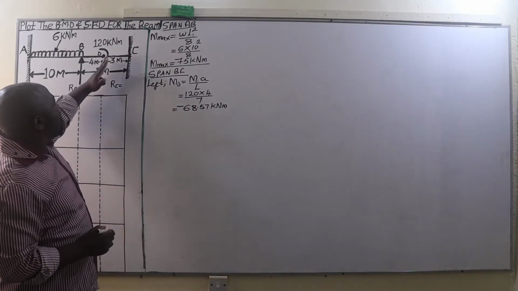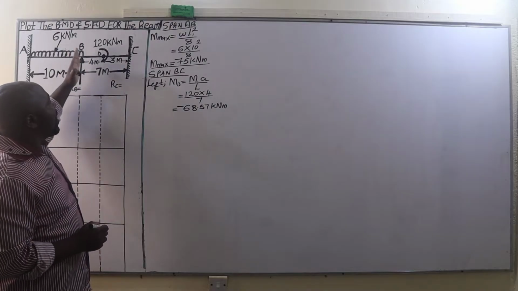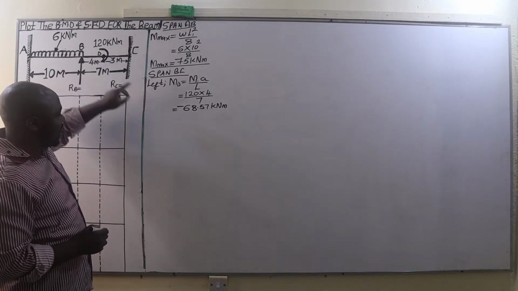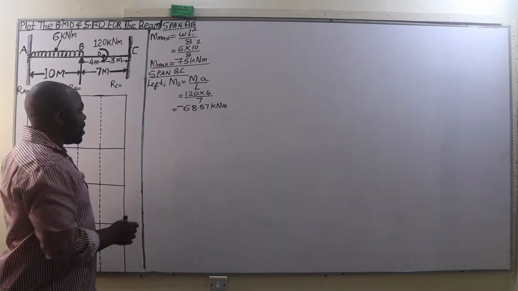So when we calculate the bending moment on the left hand side of the point D, it is going to be a negative bending moment.